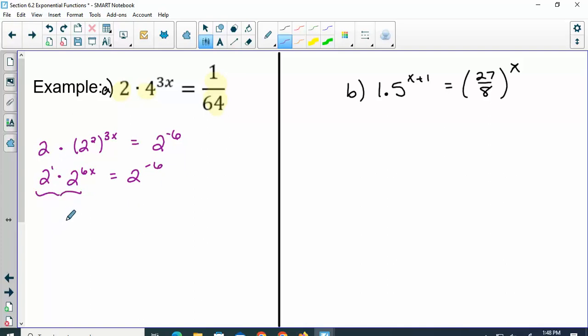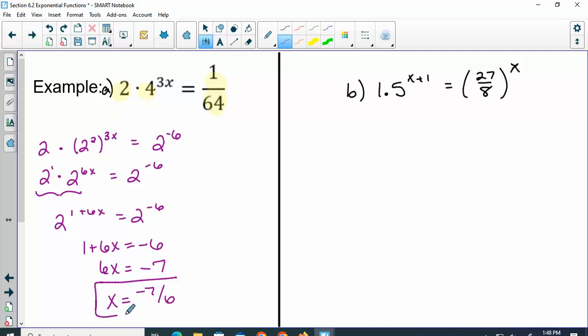So this is a 1, so it's 1 plus 6x. And then, since we have the same base on each side, now we can set the exponents equal. So 6x equals negative 7, and we get negative 7 over 6.